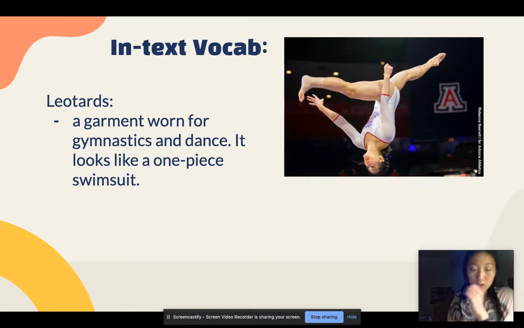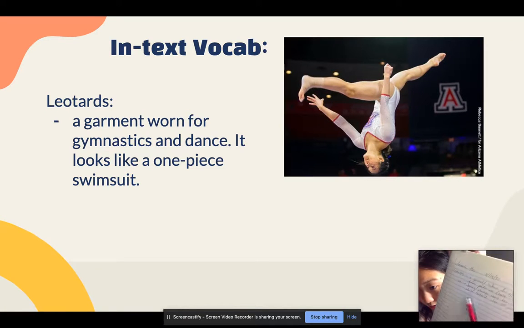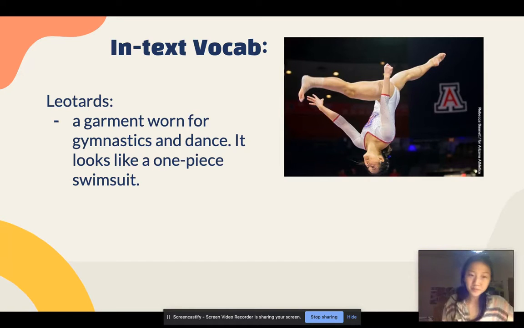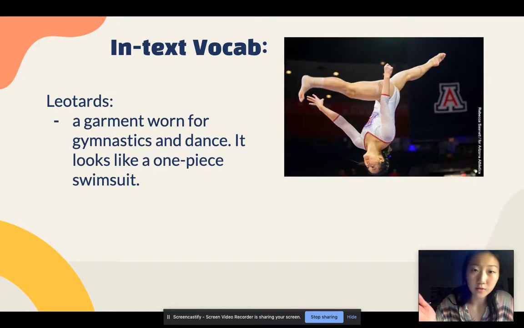And then I'm going to write, let's see, Jenny always wears her favorite white leotard when she competes. Okay, so it's looking like this, and this is how the rest of the words are going to look too. So you have your word off to the side, and then the definitions on the other side, and then the example.